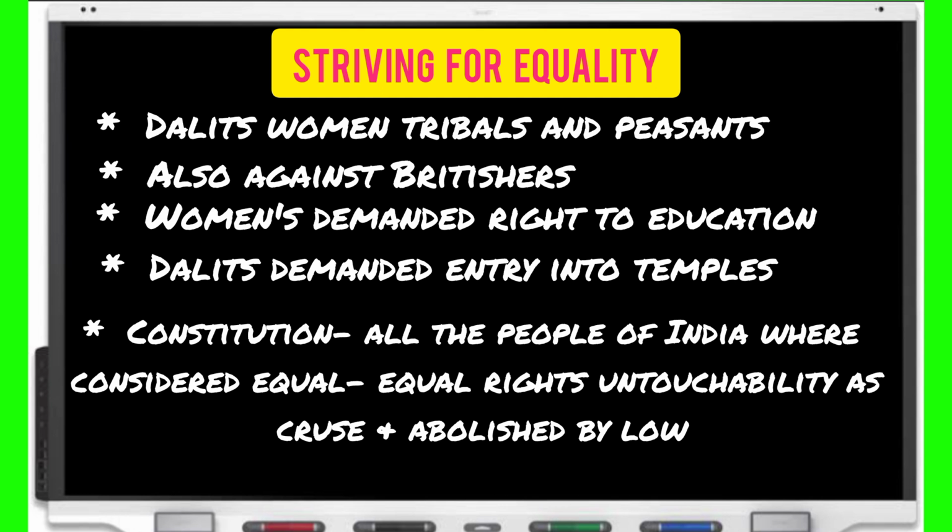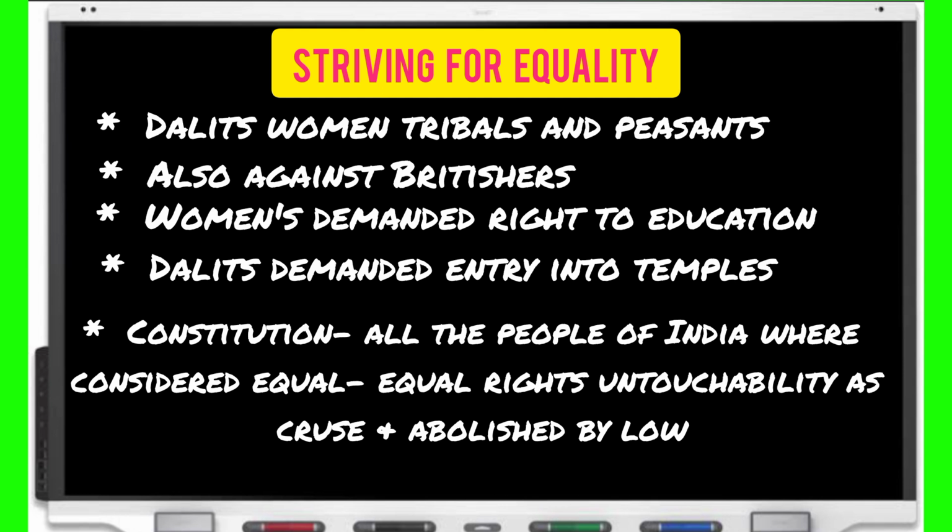So there were equal rights and equal opportunities for all, and the caste system and untouchability were abolished, as was proposed in the Constitution. So there was open entry for all government jobs. That was one of the major steps of equality taken during that time.